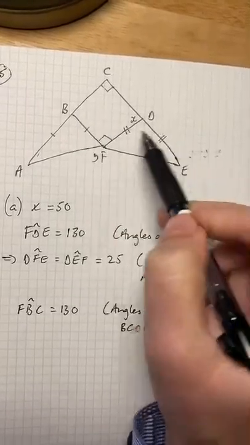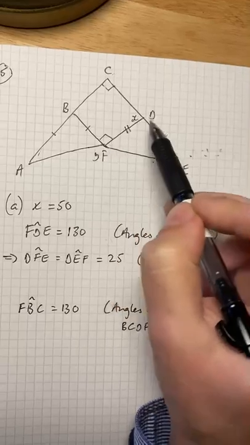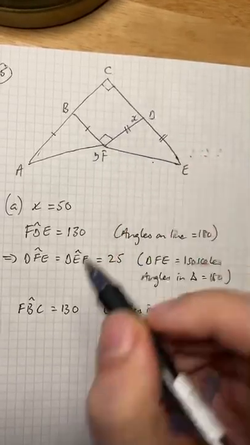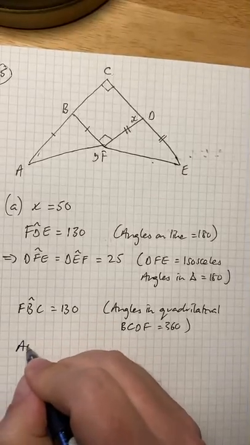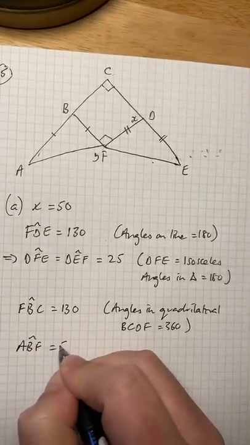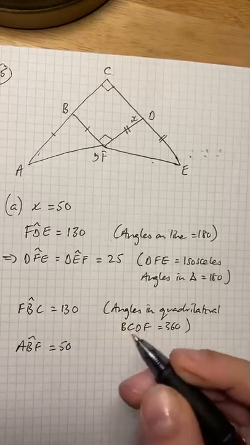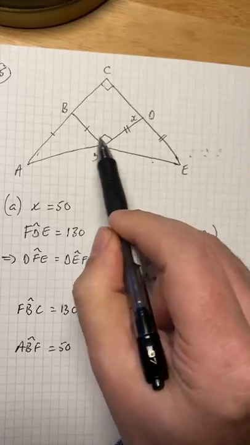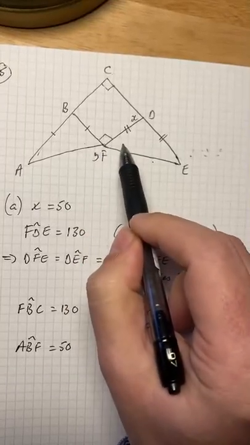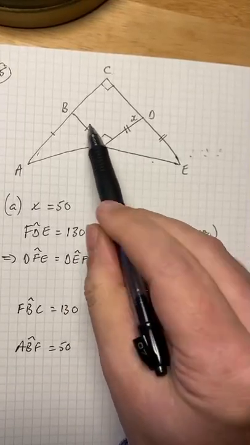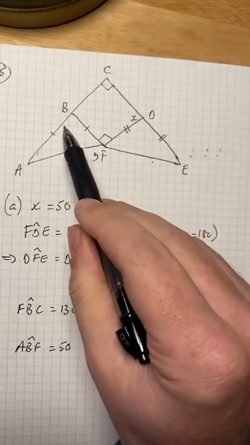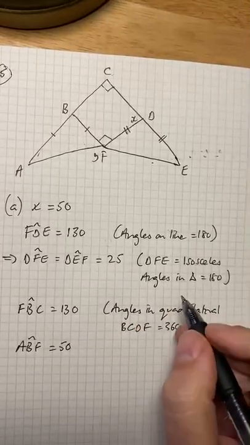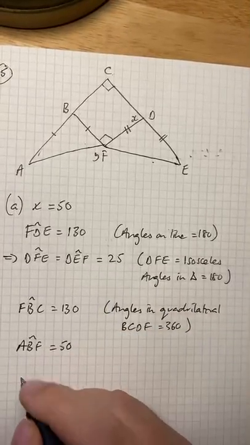Now if that's the same, exactly, it's a sort of symmetrical logic to this. If that's 130, ABF is 50. And you can probably see we're racing along. Those two are going to add to something neat. But if that's 50, these two add up to 130.